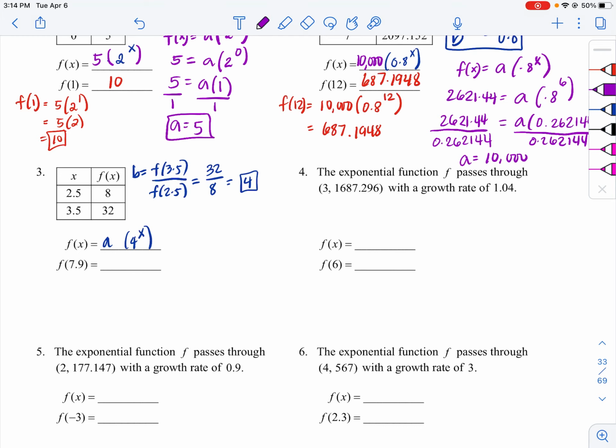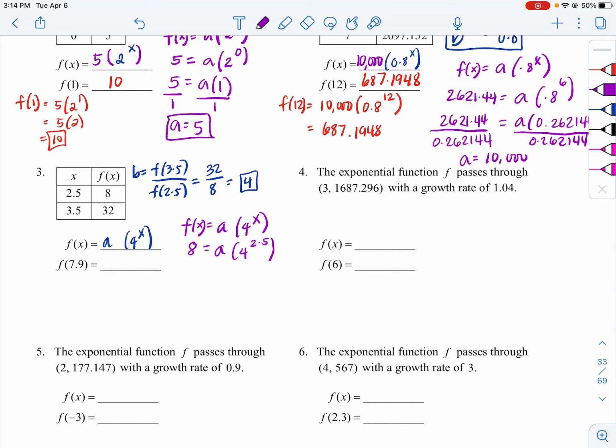So that is f of x equals a times 4 to the power of x. I'm going to use either 2.5 comma 8 or I can use 3.5 comma 32. It doesn't matter, but I usually like the smaller number. So I'm going to use the smaller number. My f of x would be 8 equals a, and my x would be to the power of 2.5.